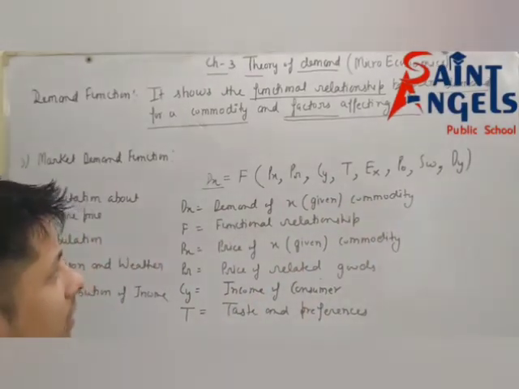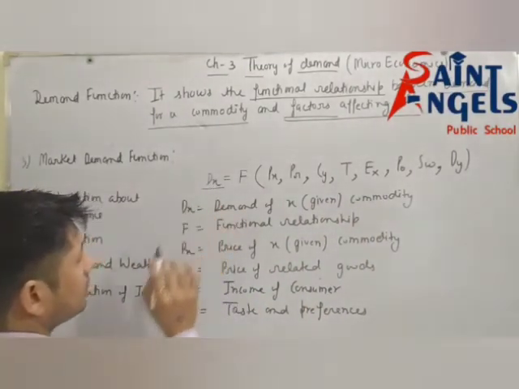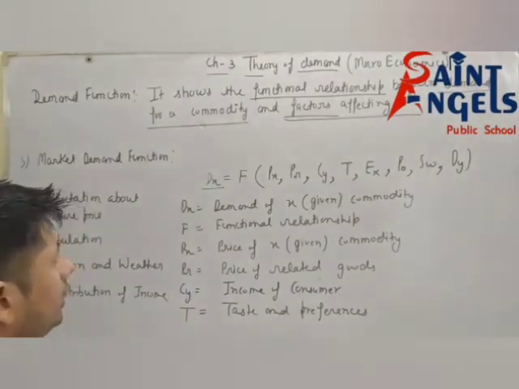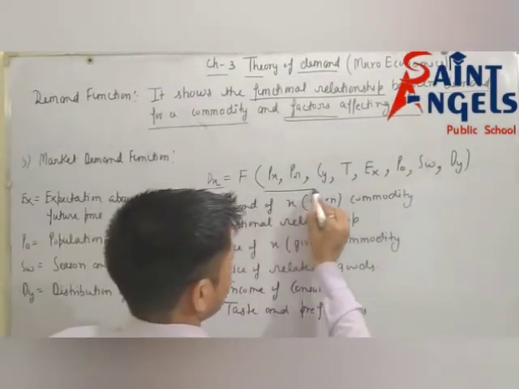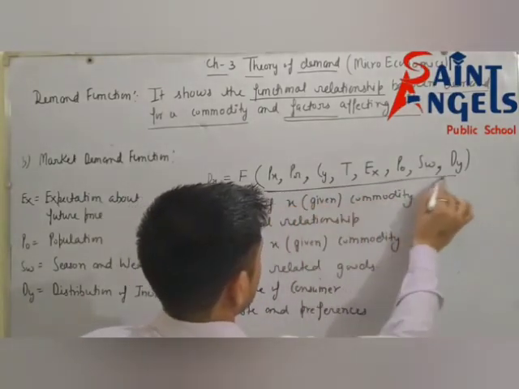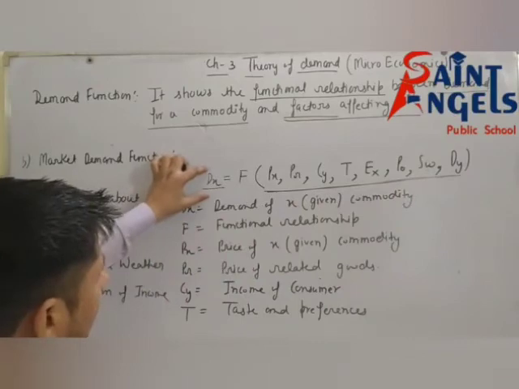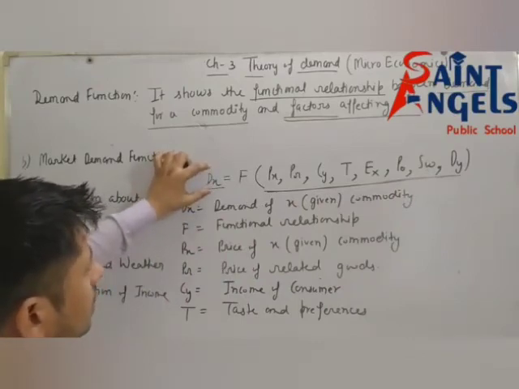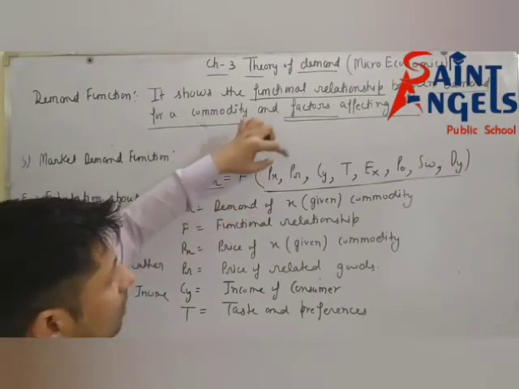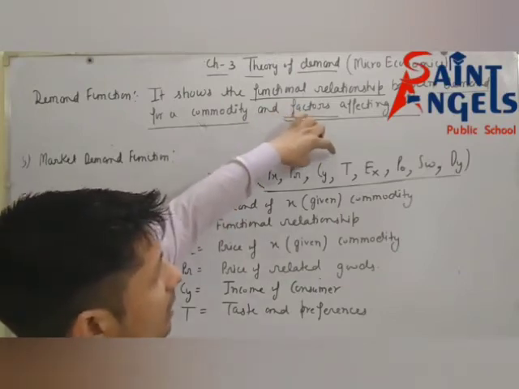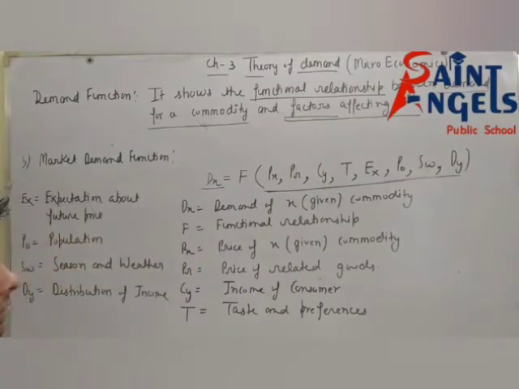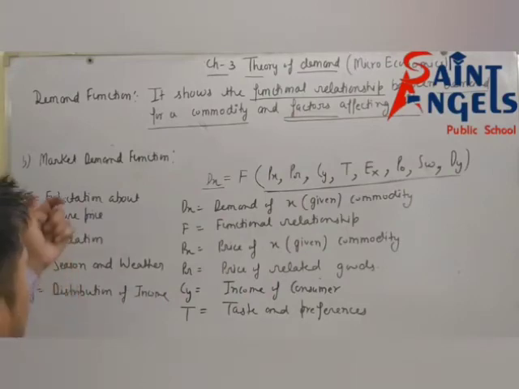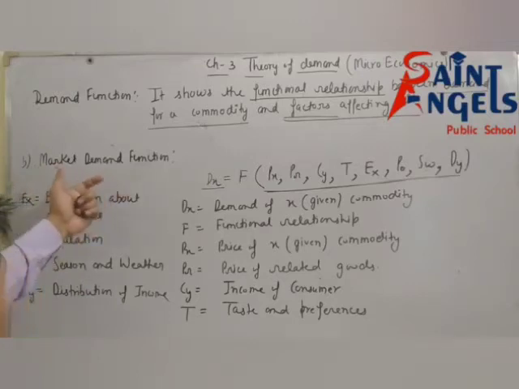Demand of X commodity depends on these factors; it is a dependent variable, and all factors are independent variables. I hope all of you have understood. After this, we will discuss individual demand function and market demand function deeply.